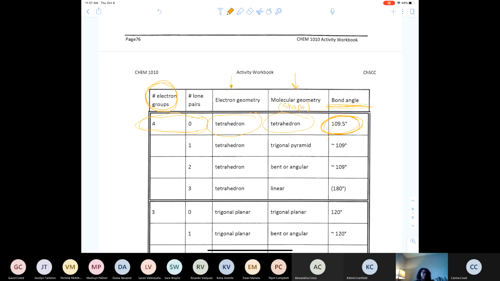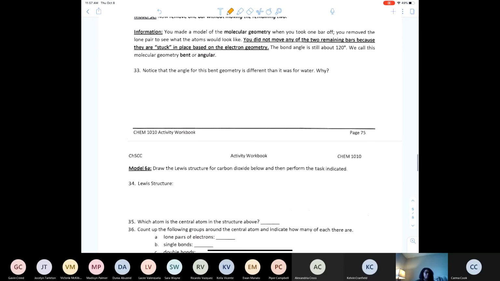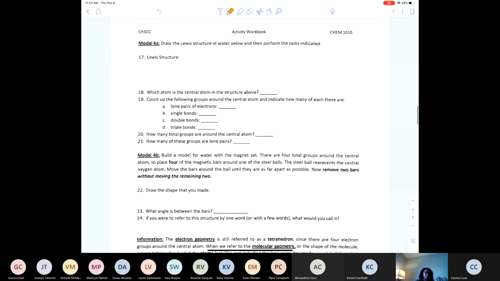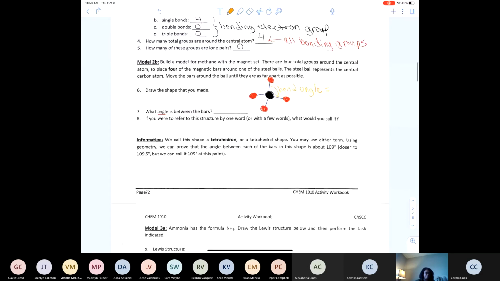But today we're interested in just the bond angle, and it's 109.5. And we put the little degree sign, 109.5 degrees.